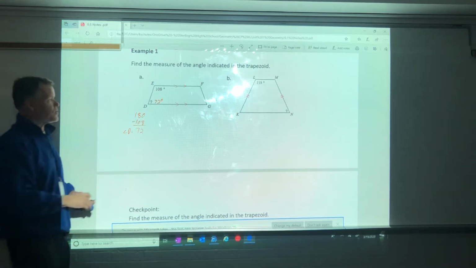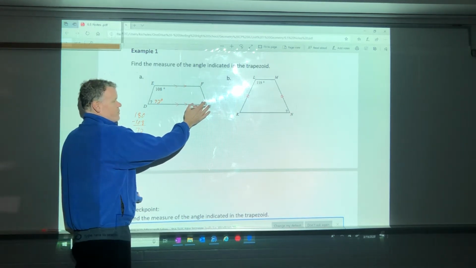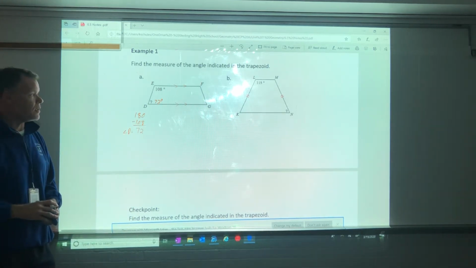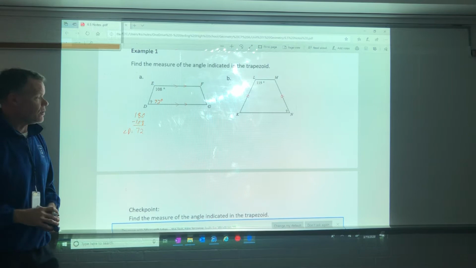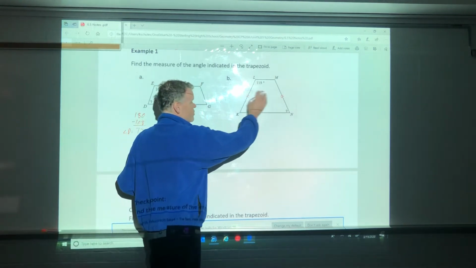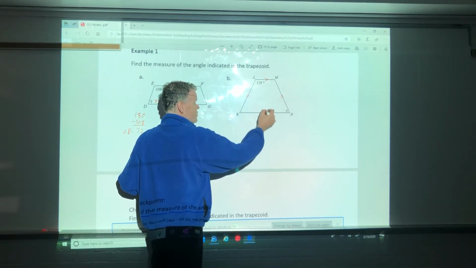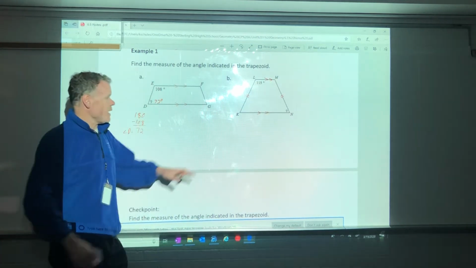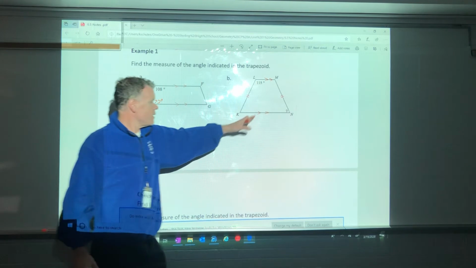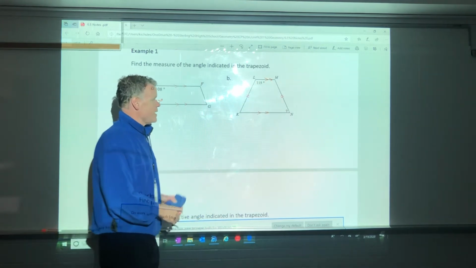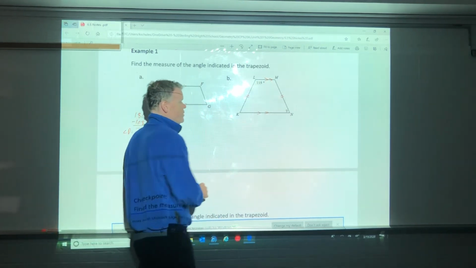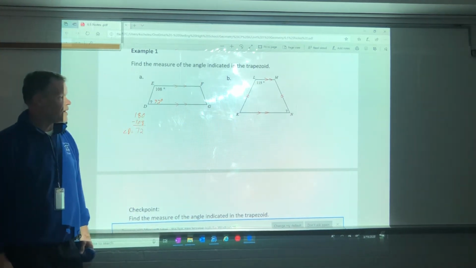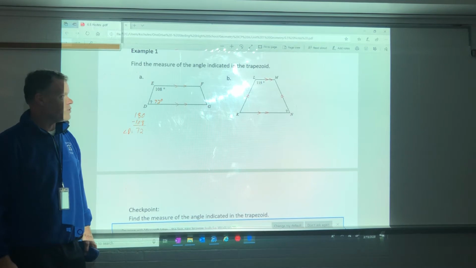Now you don't necessarily know that this is going to be 72 degrees. Even though it looks like it, they don't say that it's an isosceles trapezoid. Now here, you know you have an isosceles trapezoid because they say it's a trapezoid. We know these two lines are parallel. And we also know that LK and MN, the two legs, are going to be congruent. So yes, this is an isosceles trapezoid here. A couple of things we know.